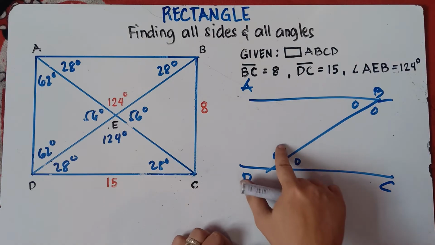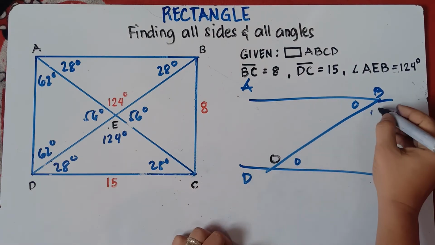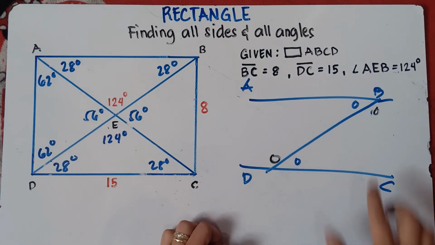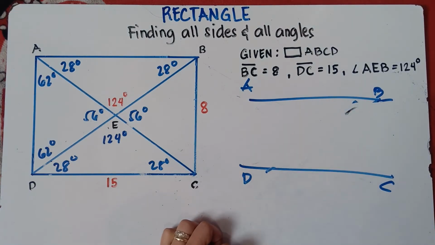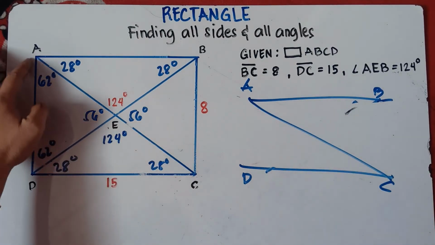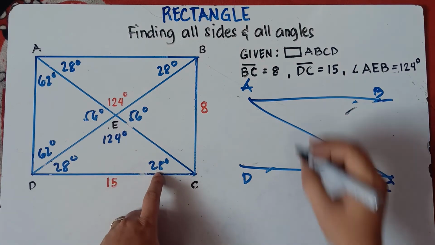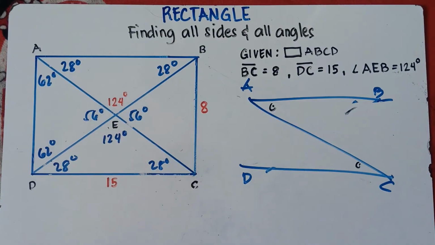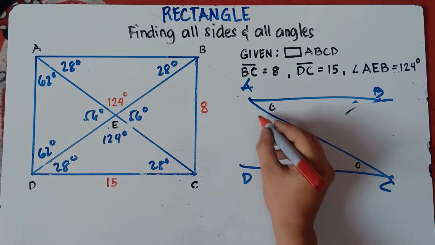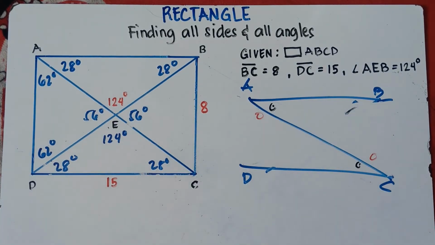So if we cut this one with another line like this, this angle right here is congruent to this angle, and this angle right here is congruent to this angle. That's what we call, class, alternate interior angles. And alternate interior angles are congruent.